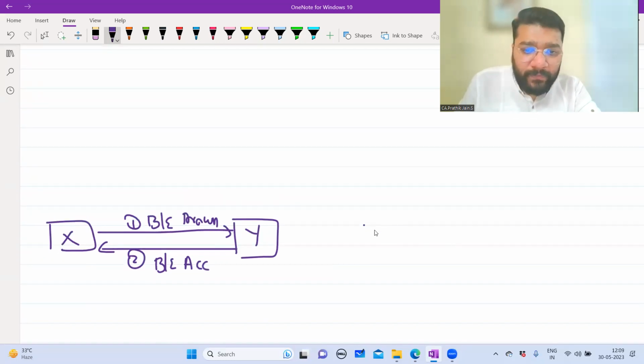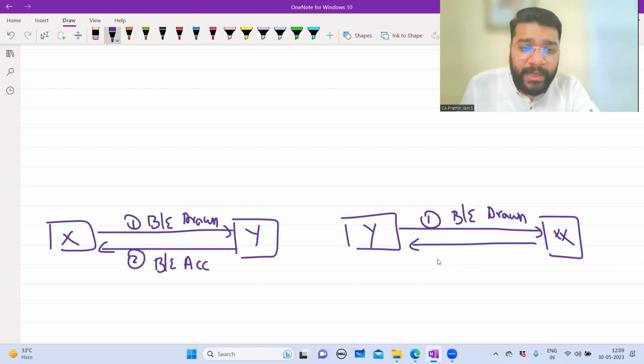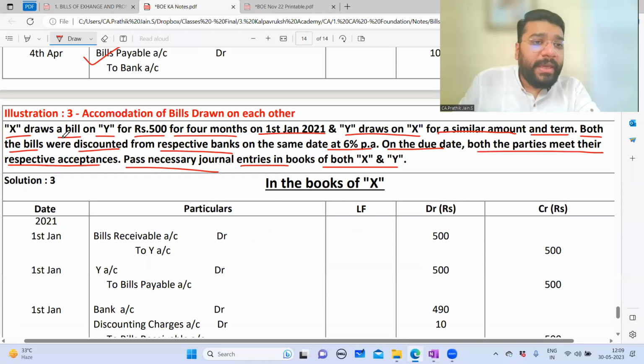Then Y drew a bill on X. Bill of exchange drawn now by Y on X, and who has accepted now? X has accepted, so bill of exchange accepted by X. X draws a bill on Y for 500 rupees and Y draws on X a similar amount. Okay, till this we have done.